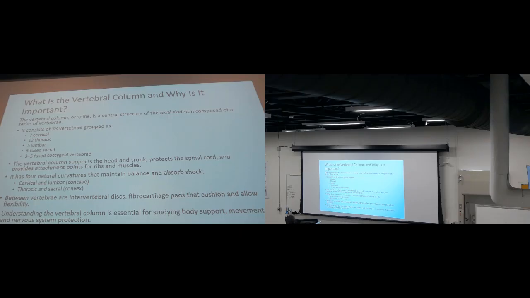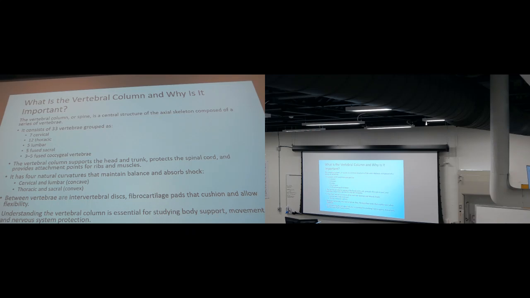And it's 3 to 5 fused vertebrae. So the functions of the vertebral column are to support the head and the trunk, allow mobility, protect the spinal cord, of course, and provide attachment to the ribs and muscles of posture.